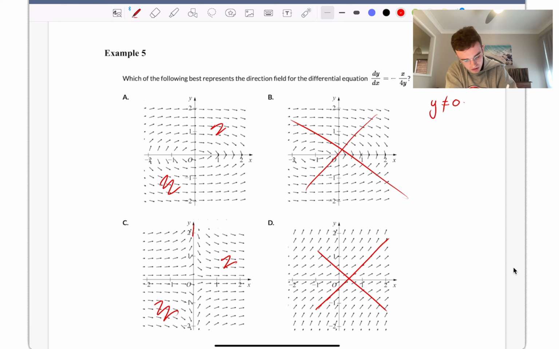And along y equals 0, which is along here, we don't have vertical lines here. But it does look like we have vertical lines in option A, along y equals 0. So it's going to be option A.